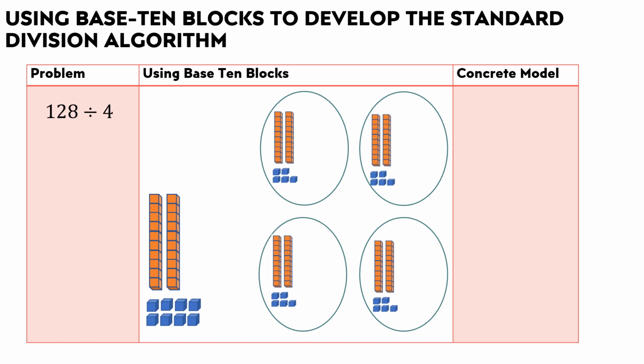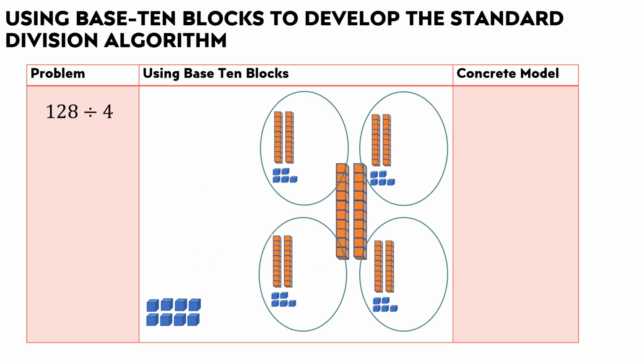Now I'm going to bring my 2 10s into the middle. I want to break those up equally into 4 groups. I can't do that right now. I need to make them into ones first. So I'm going to take my 2 10s and make them into 21s. Now I have 20 of my 1 blocks.